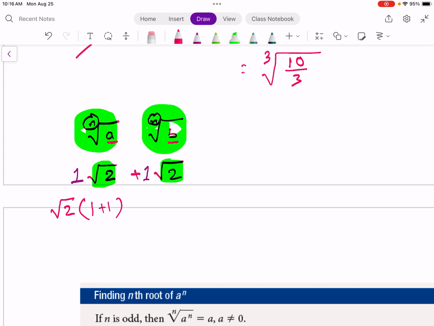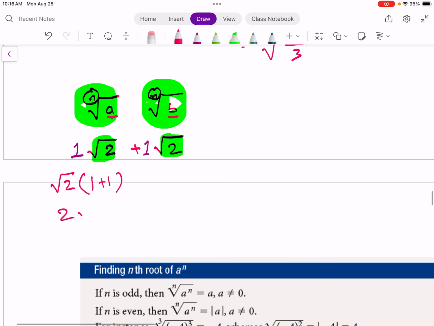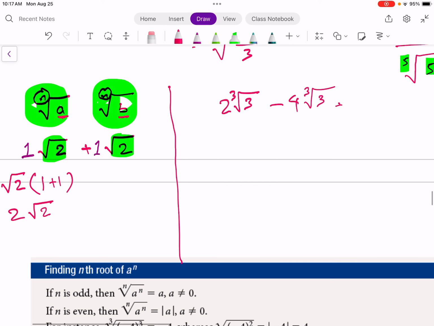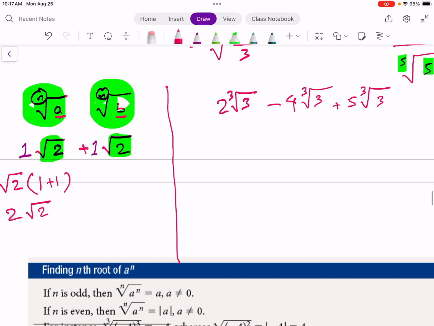This gives us 2 times square root of 2. This is the final answer. In a similar way, if we have something like 2 cube root of 3 minus 4 cube root of 3 plus 5 cube root of 3.